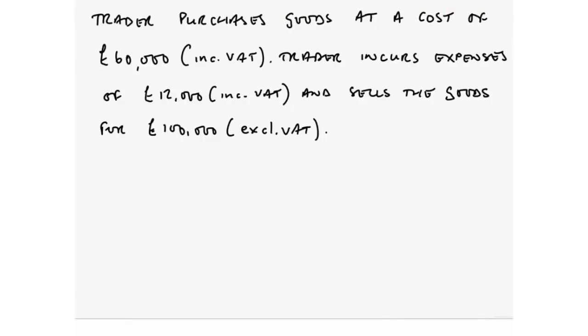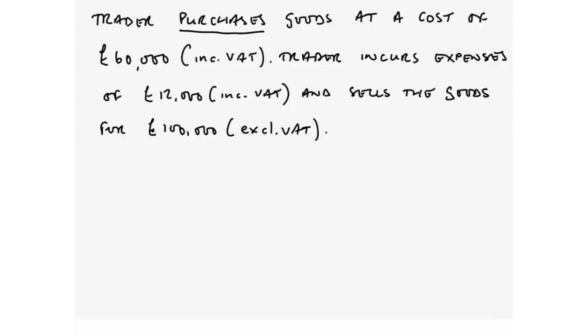If you want to make a note of that, and I'll talk you through it. We're told that a trader purchases goods at a cost of £60,000 including VAT. So we are buying goods from other VAT registered traders at a price of £60,000 inclusive of VAT. So there is input tax that the business has suffered on the purchases of those goods. The trader also incurs expenses.